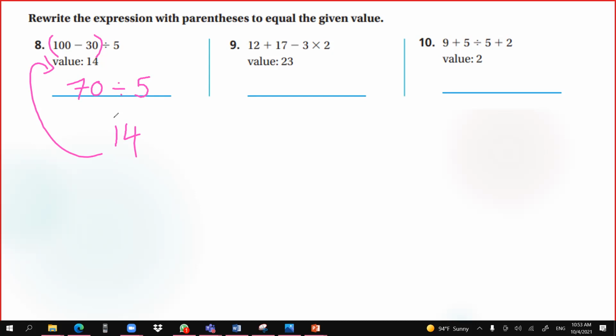Now number 9. 12 plus 17 minus 3 times 2.